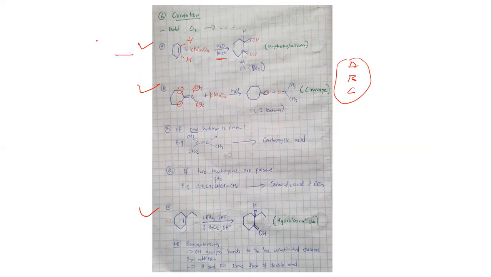Be careful. Here we said it is basic conditions, and then here we say it is acidic conditions. Immediately when you see an acid, let's say you forgot that there's supposed to be hydrogen atoms here. There are no hydrogen atoms, and then you forget the product that is going to be formed. Just look at your solution, whether the solution is acidic or basic.